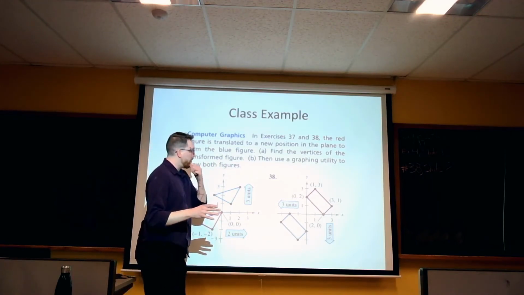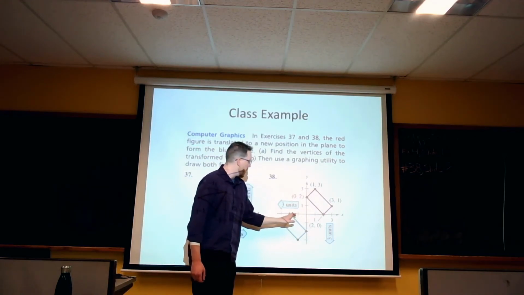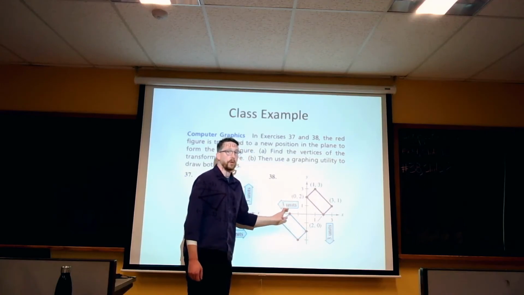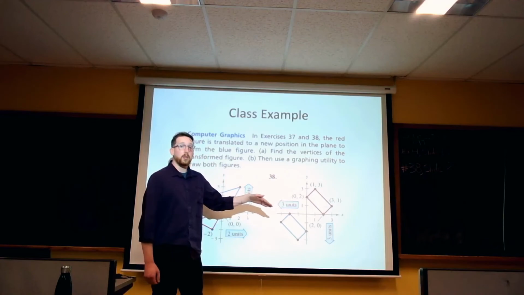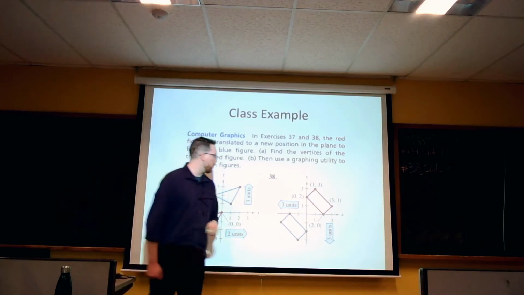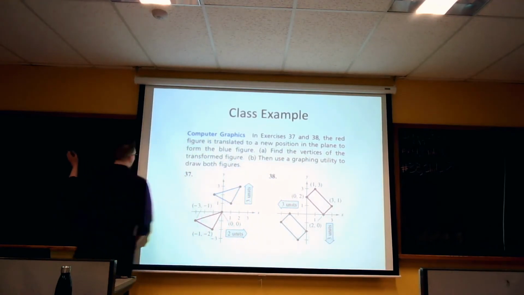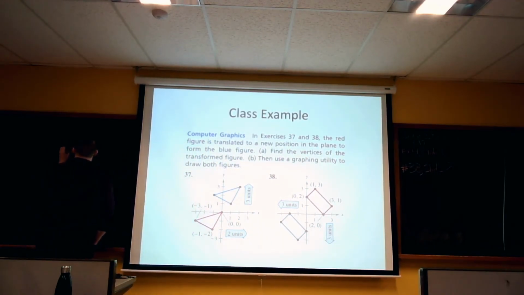Also, sometimes if this is our original point, this new translated point will be represented with an apostrophe outside of our parentheses. So what would that look like? This point, 1, 3, gets moved to a new point, -1, 0.